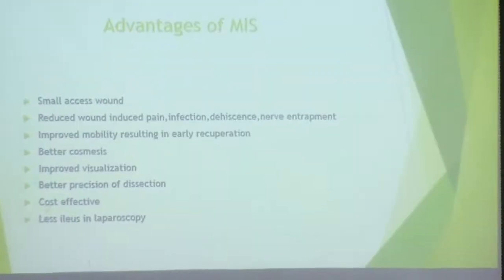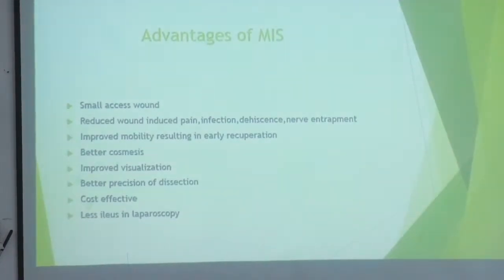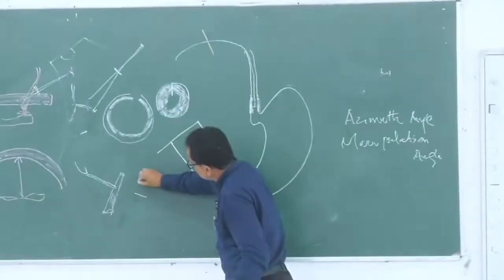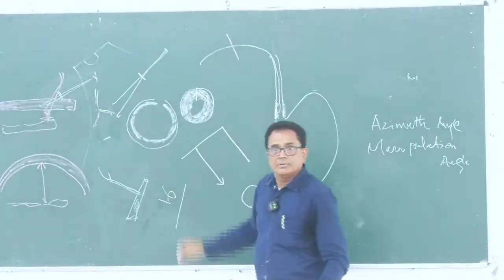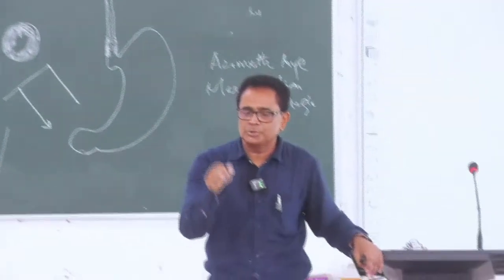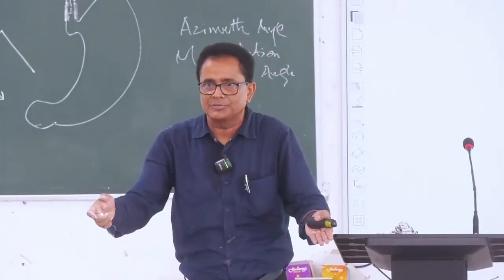Then better cosmesis. Many people, like actresses or others who do not want to have any scar at all, go for NOTES for the common problem of gallbladder surgery. And improved visualization. As I said, in laparoscopic surgery, the camera that goes in magnifies the tissue by 16 times. So with increased magnification, you can see such a beautiful picture with a camera that you cannot in open surgery.